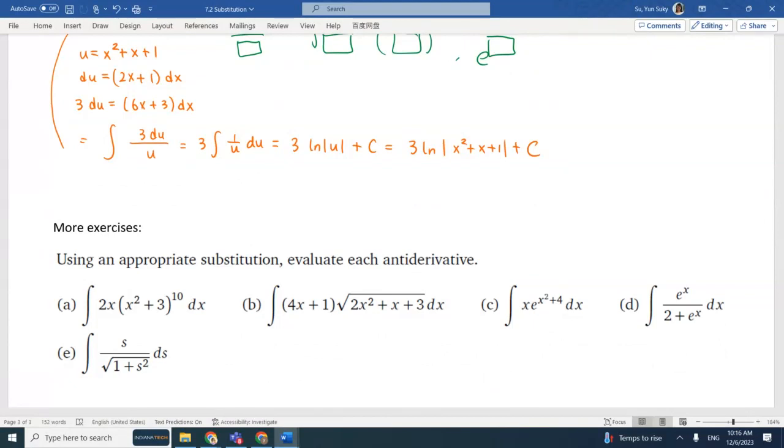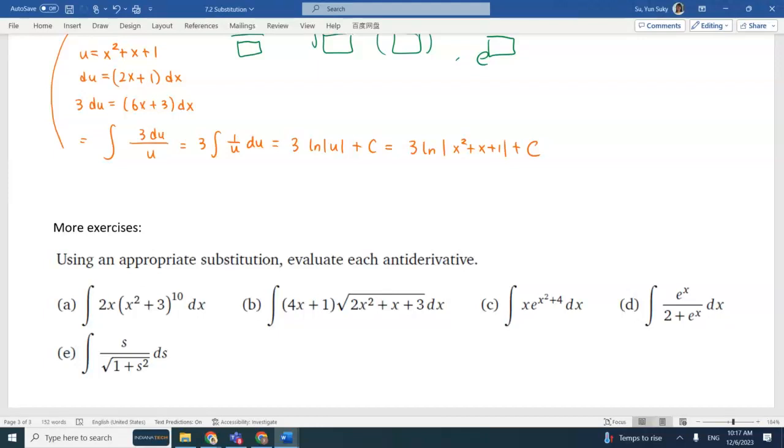Now, Jay, what do you think the u should be? Exactly. Joseph. Exactly. Gabby. Yeah, exactly. Do you see the derivative of 2 plus e to the x is e to the x dx? So that is exactly du. Good.